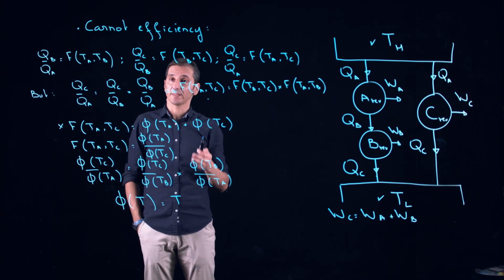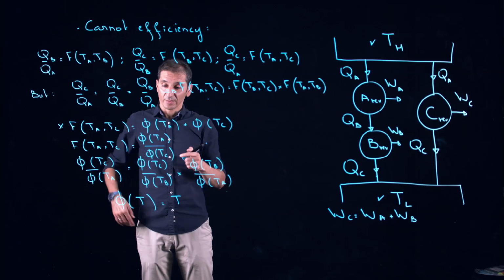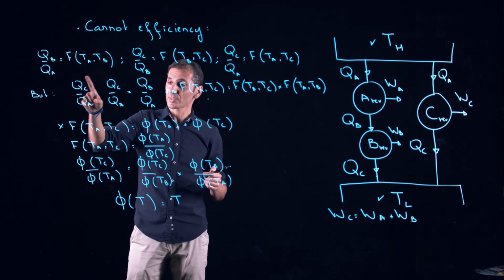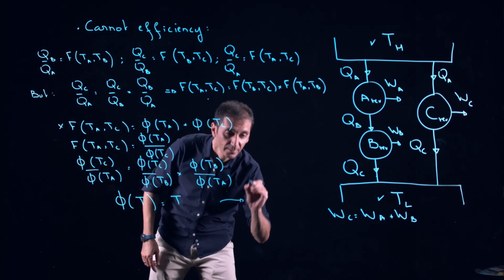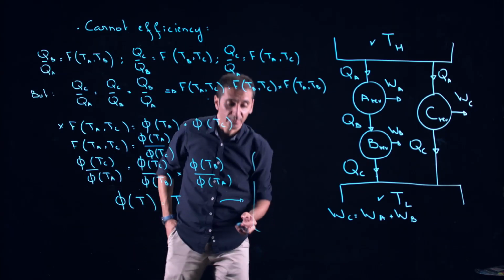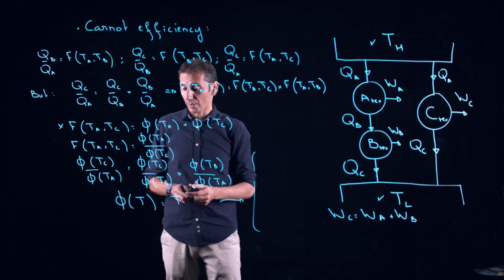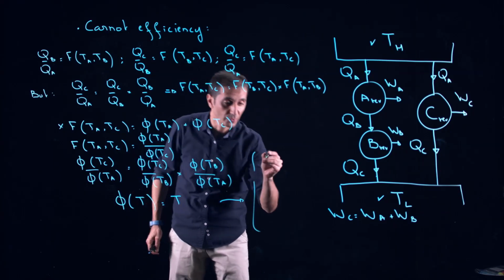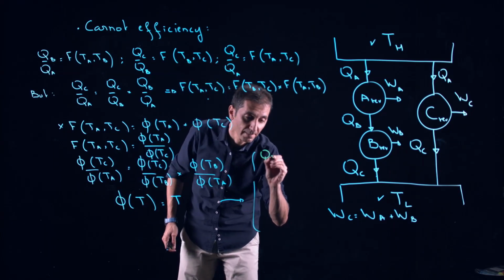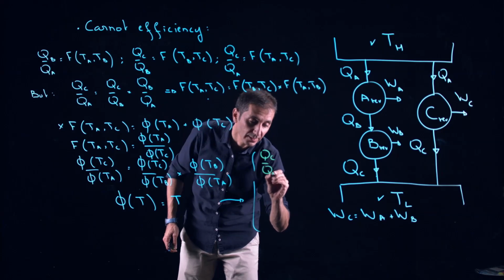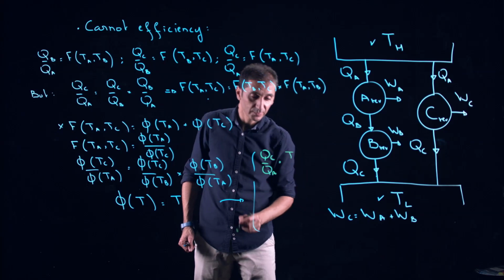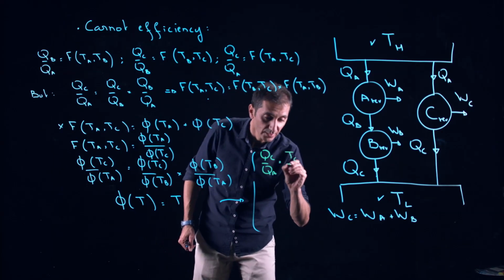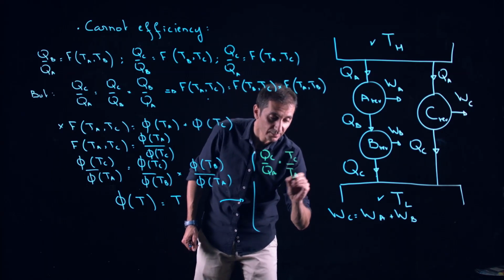So now that we did this, the consequence of this is that any ratio of heat, so QC over QA, is simply equal to TC over TA.